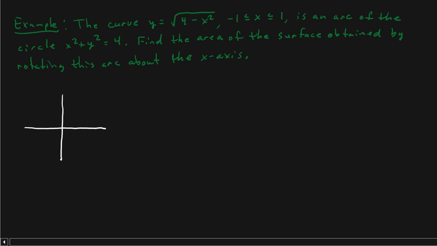So what we have here is this little piece right here. Because the semicircle goes all the way down like this, and this would be your -2 and 2. But we're only going from -1 to 1. So we stop when x is -1 and 1.